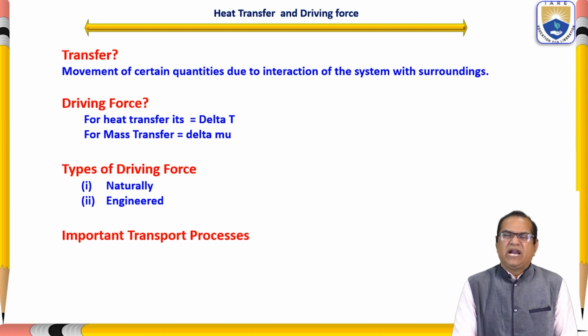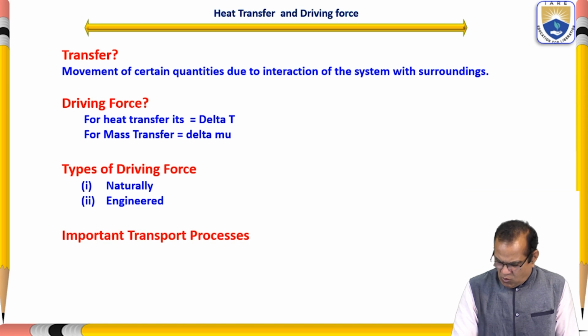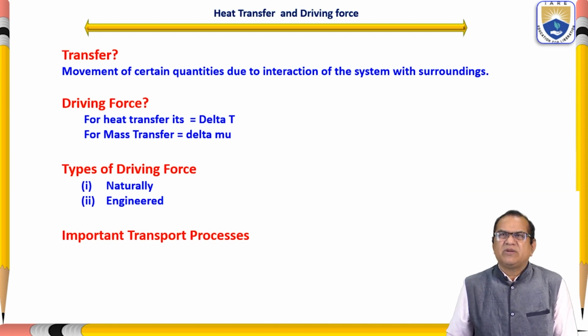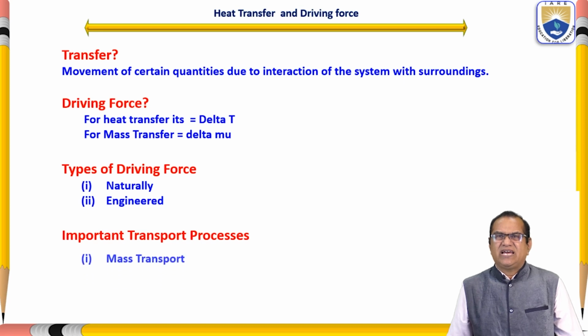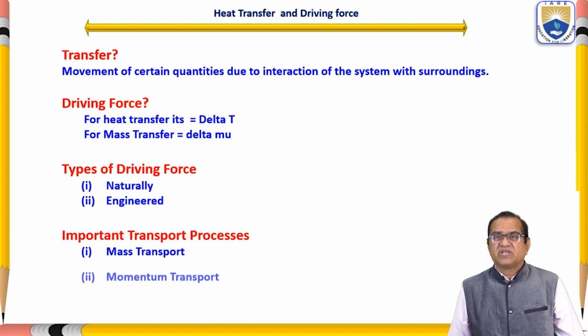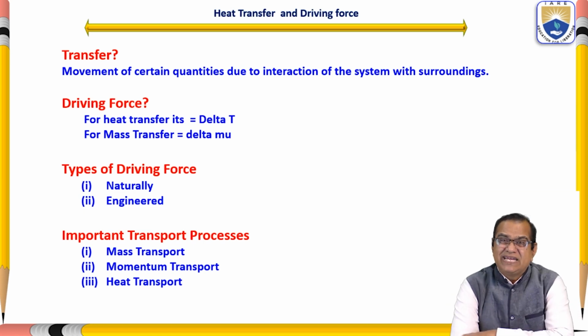So, important transport processes. We have to see some important transport processes, and they are mass transport, momentum transport, and heat transport. So we have three different transport processes.